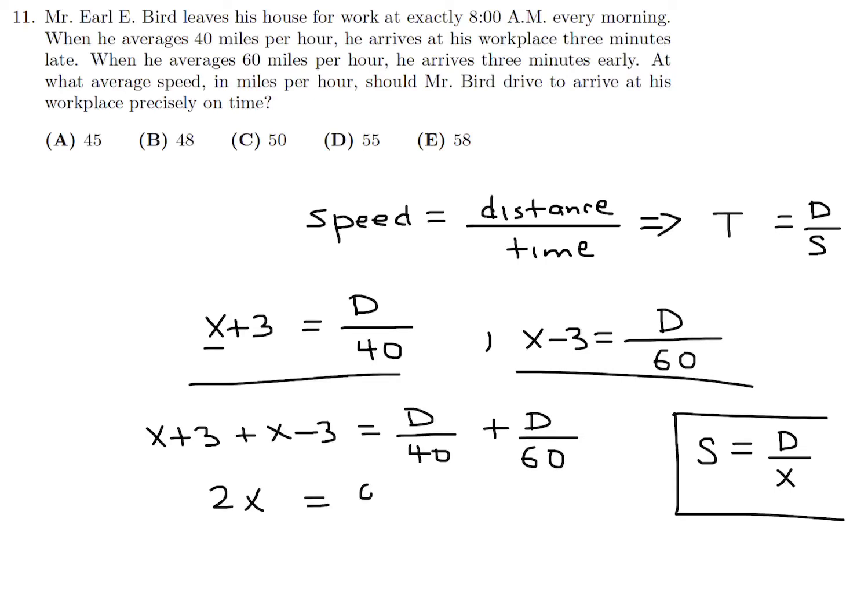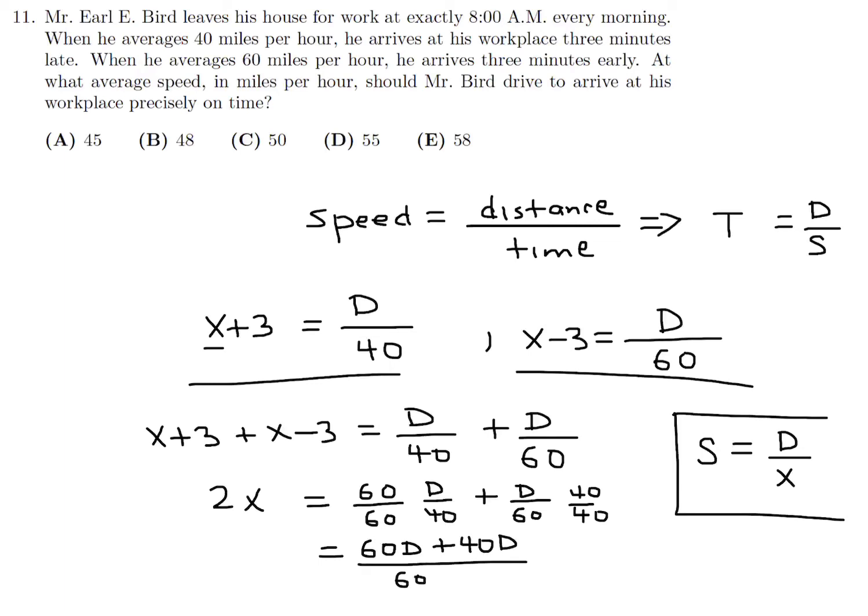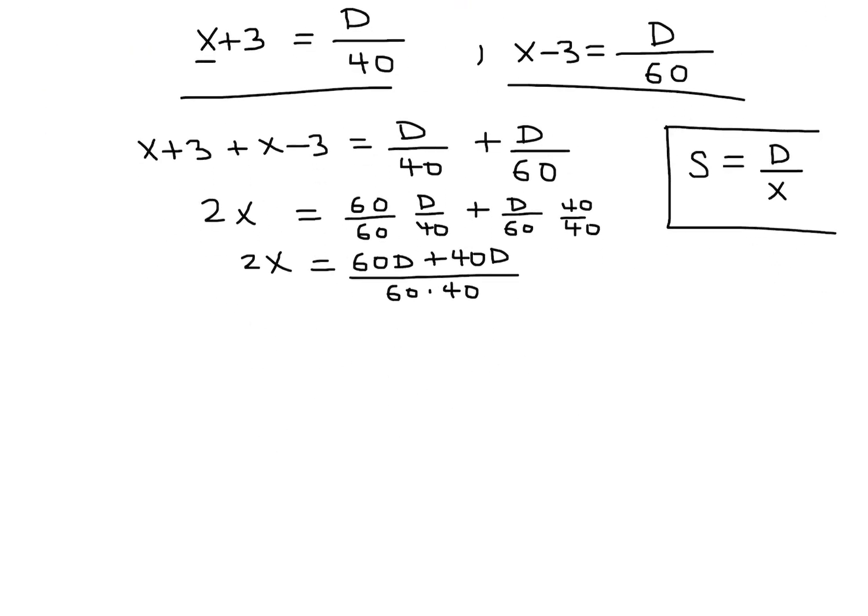And then we're going to have to put a common denominator, d over 40 plus d over 60. So we got 60d plus 40d over 60 times 40 is equal to 2x. And let's see, this becomes 2x is equal to 100d over 2,400, correct?